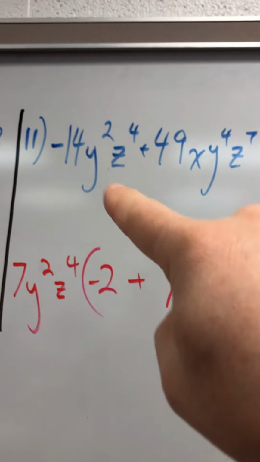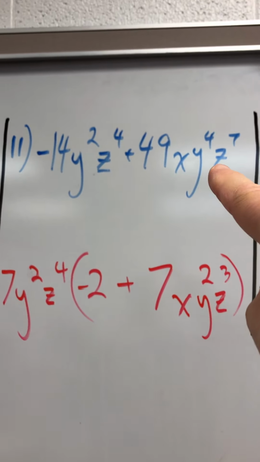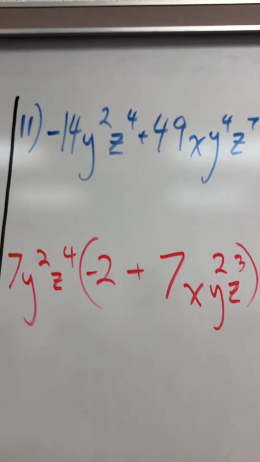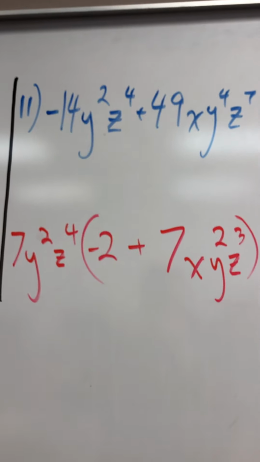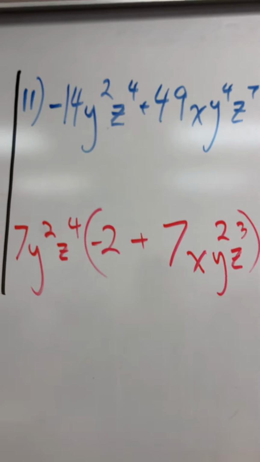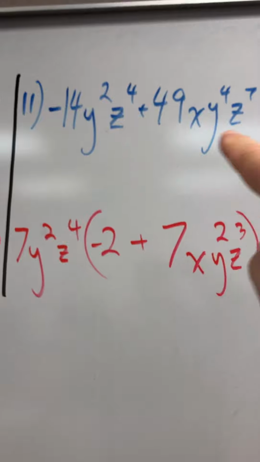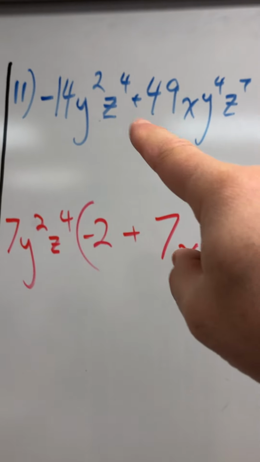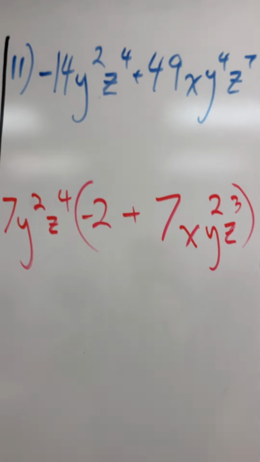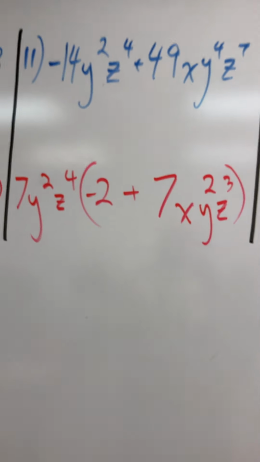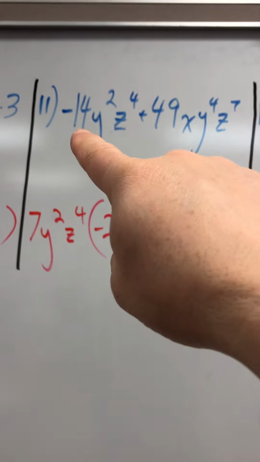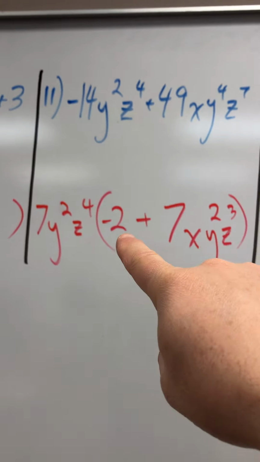If I have y squared here and y to the 4th here, isn't y squared common? If I have z to the 4th here and z to the 7th here, isn't z to the 4th common? Okay. So what am I left with? I took out 7, I'm left with negative 2.